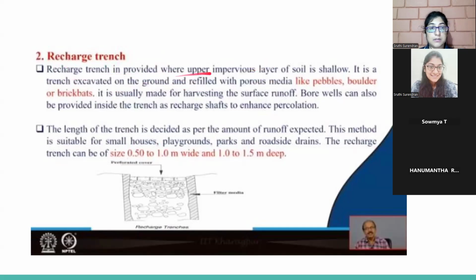So the circumstance of the pervious or impervious aquifer rock for which a particular kind of structure is provided is important. The trench is excavated and filled with pebbles, boulders, brickbats, and it should be 0.5 to 1 meter wide and 1 to 1.5 meter deep.